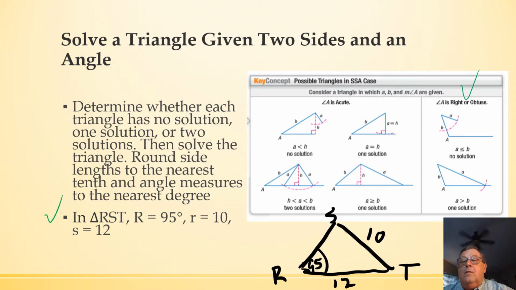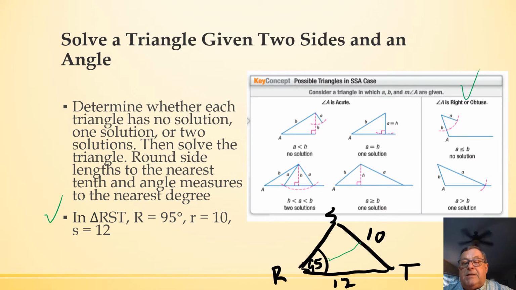So we need to look at this side of the possible triangles in a side-side angle case. We're asking the question: is the side opposite the angle we know less than or greater than the second side that we know?